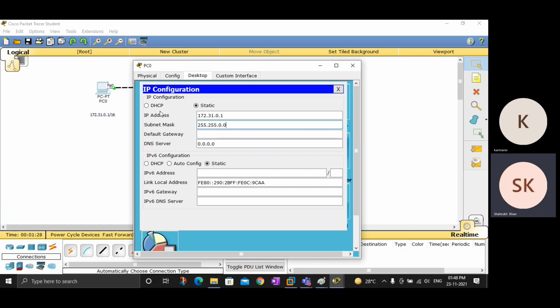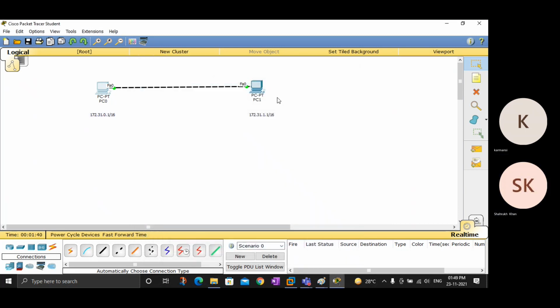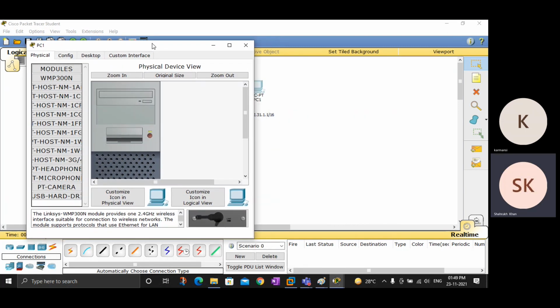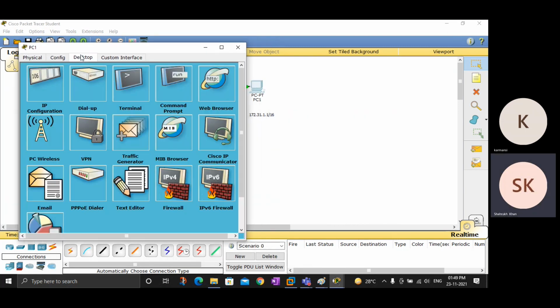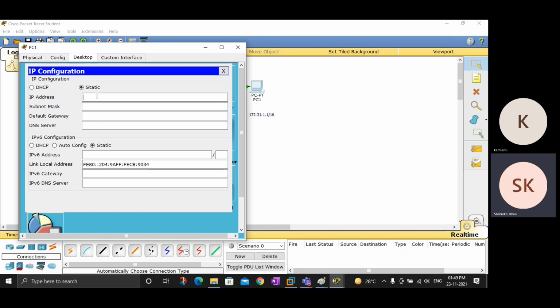So for class B, the default subnet mask is 255.255.0.0. And right now we are taking an IP address of class B, so we don't have to change anything. Save this. Just close this. It will be saved. Do the same thing here. Go to desktop, IP configuration, 172.31.1.1, and here it also got the default subnet mask, and close it.